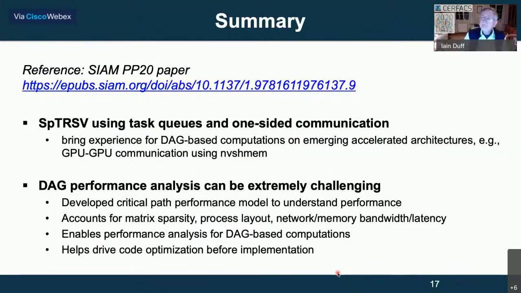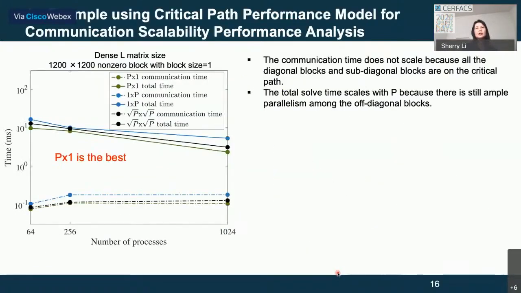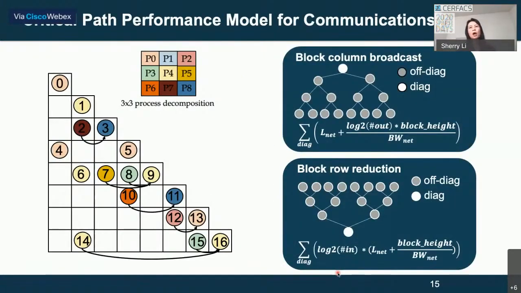Yeah, so let me address the first question. The first question is about latency. That's a very good question. And that's why, from this model, you can see that the block row reduction is actually not good, because we pay the latency cost of log 2 of the number of processes across the row. If you do the block column broadcast, you only pay the latency once, because once this is done, this process can go off and do some other work.